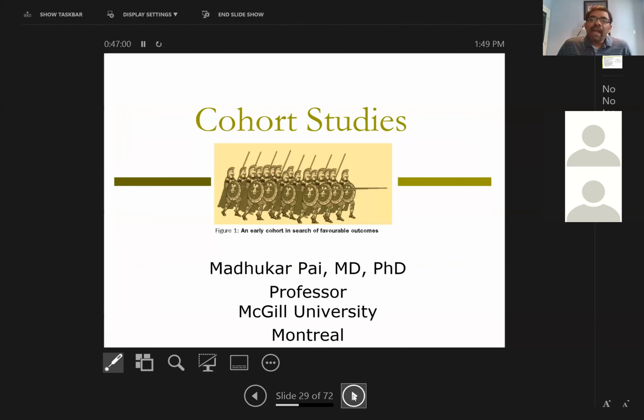All right. Now we've seen what randomized trials are, why they're so desired and powerful and important. But real world being what it is, there are many situations where we simply cannot do a randomized control trial, or in the early stages, we only do observational studies, and then we might eventually do a randomized control trial.